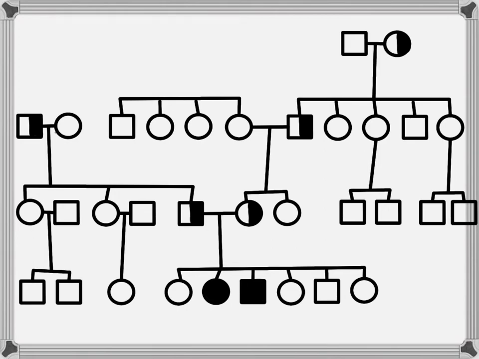This particular parent gave their recessive allele to this parent. This individual gave their recessive allele to this individual. And so these 2 parents together gave their recessive trait to their children. So there are the genotypes to make that a little clearer.